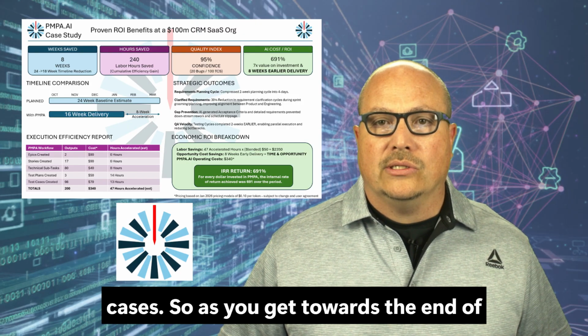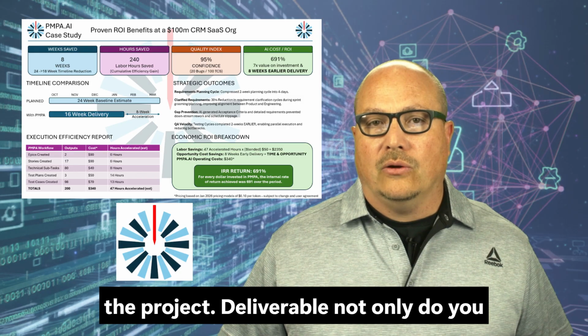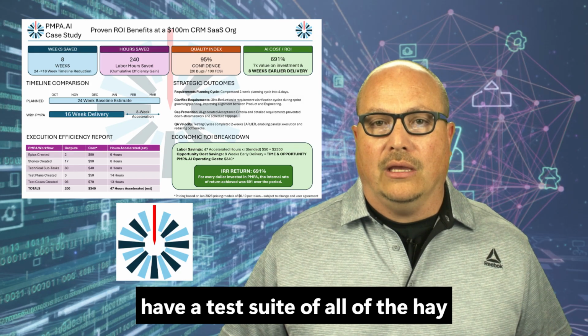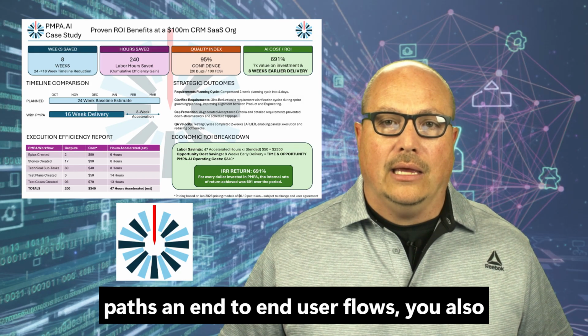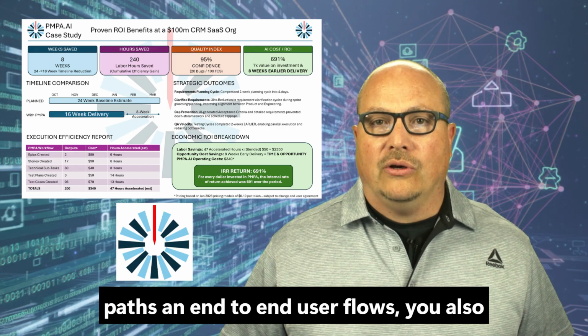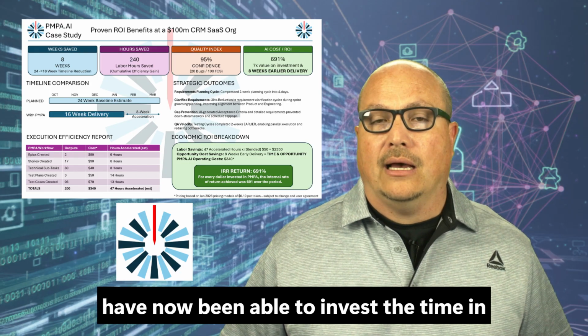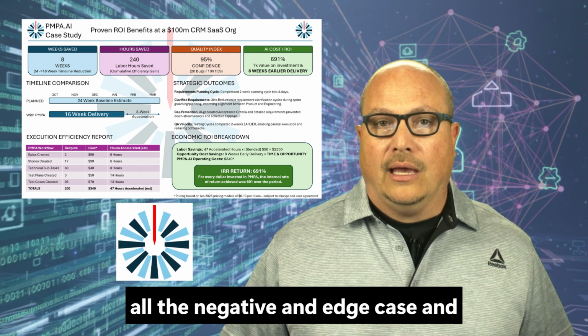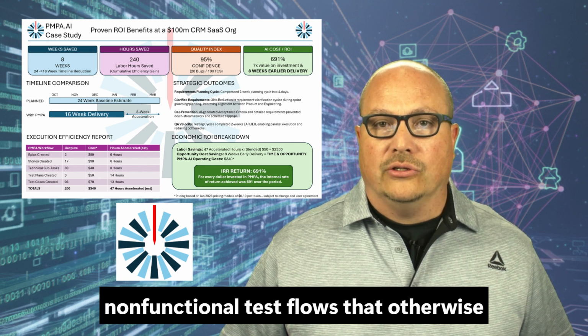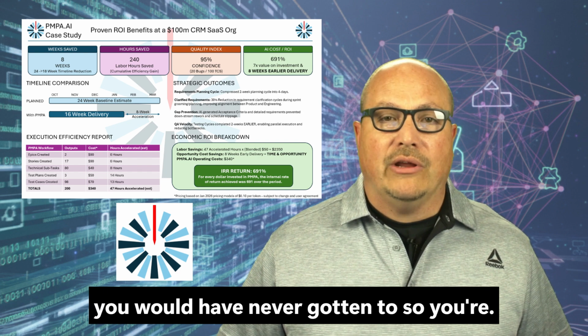So as you get towards the end of the project deliverable, not only do you have a test suite of all of the happy paths and end-to-end user flows, you also have now been able to invest the time in all the negative and edge case and non-functional test flows that otherwise you would have never gotten to.